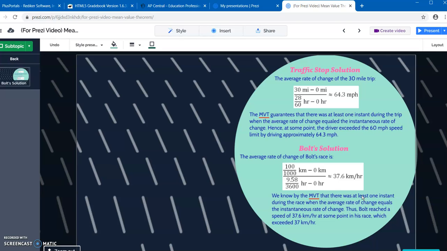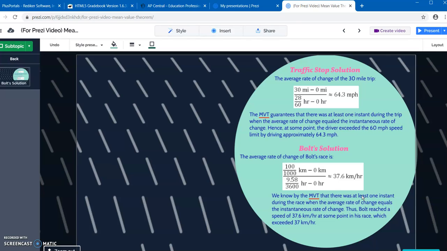The mean value theorem guarantees that there was at least one instant during the trip when the average rate of change equaled the instantaneous rate of change. Hence, at some point, the driver exceeded the 60 miles per hour speed limit by driving approximately 64.3.